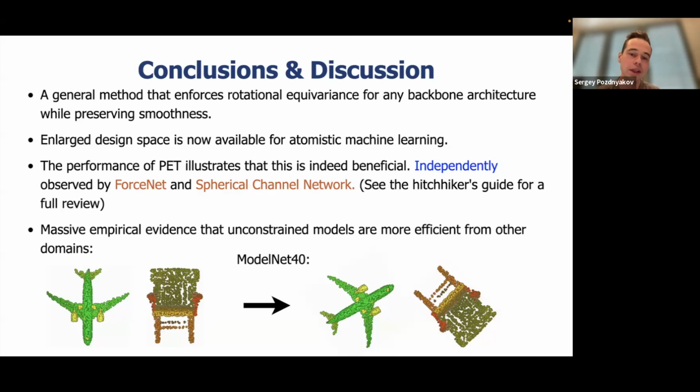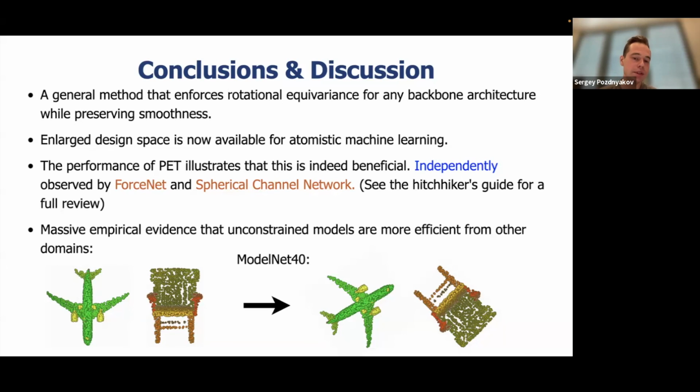See more details and related work in the already mentioned section of this excellent review, Hitchhiker's Guide to Geometric Graph Neural Networks. And the last point which I want to make is that there is massive empirical evidence that unconstrained models are more efficient, which comes from other domains, including three-dimensional point clouds.